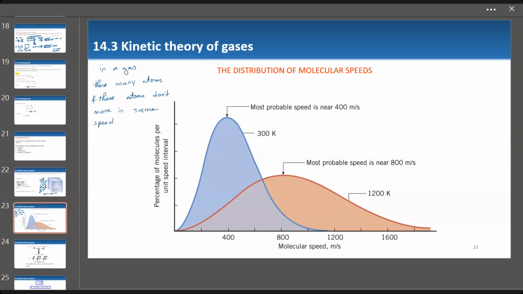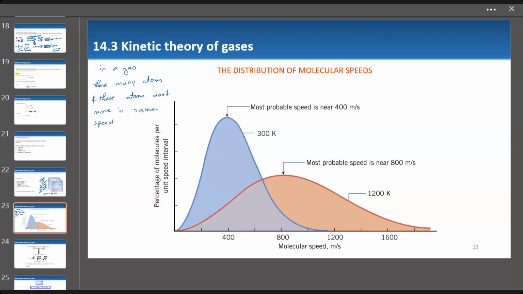Some atoms move faster than other atoms, some move slower, but there's a big proportion which have close speeds, because at the end of the day, these atoms are pushing one another, colliding with each other, so they exchange some speeds. If there are atoms that are too fast, they will collide with the slower ones and give them some more energy and speed.